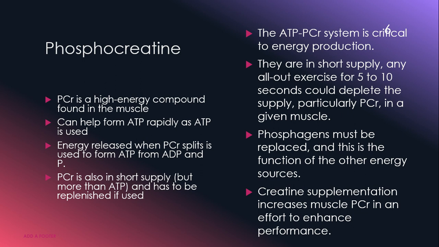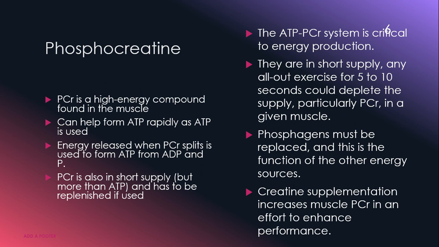PCR is, like I said, a high energy compound found in the muscle that helps to form ATP rapidly as ATP is used. Energy released when PCR splits is used to form ATP from ADP and phosphagen. PCR is also in short supply, but more than ATP, and has to be replenished if used.